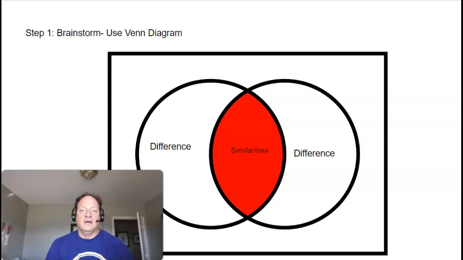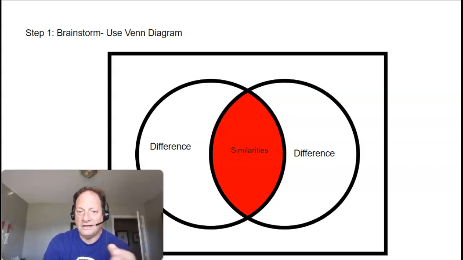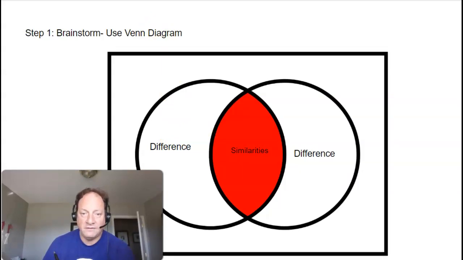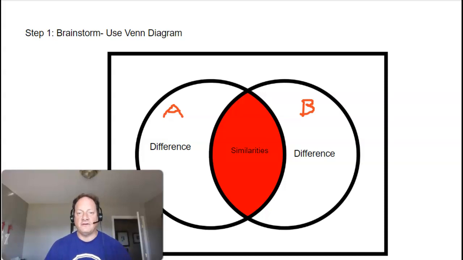So, we've read two different articles in class. Now, what I would suggest is to keep in mind that on the outside part of this circle, we're going to say A, and circle B. We could say this is article A, this is article B, okay?